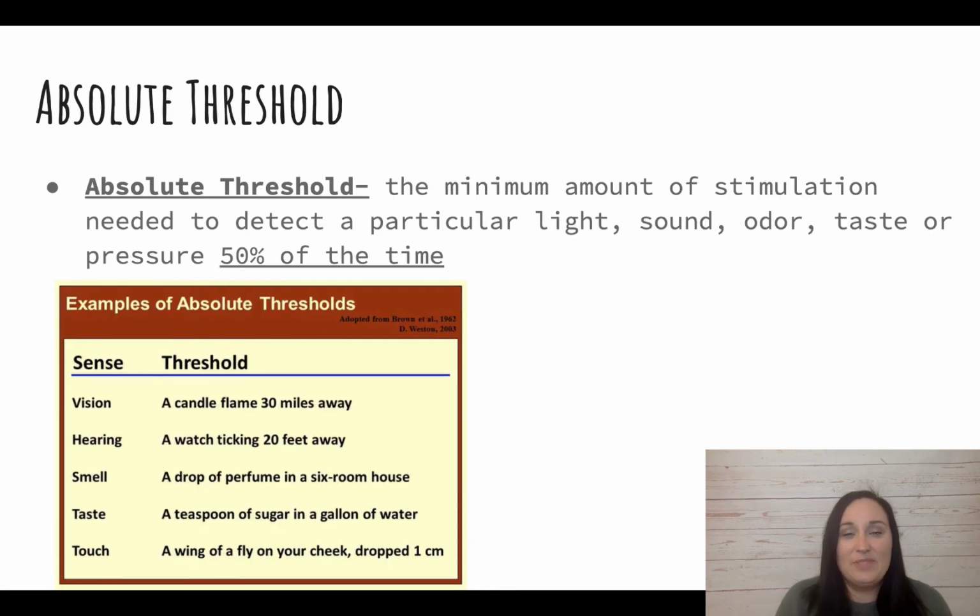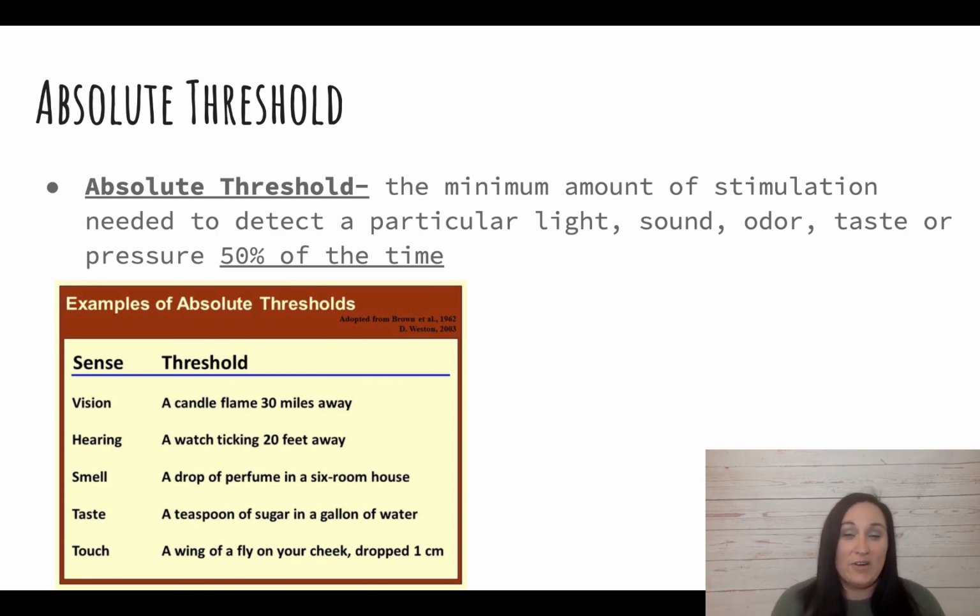Absolute threshold. This is the minimum amount of stimulation needed in order to detect any sort of stimuli: light, sound, odor, etc. So let's take the candle flame from 30 miles away. You could detect a candle flame 30 miles away on a clear night, which is the statistic that they've found.